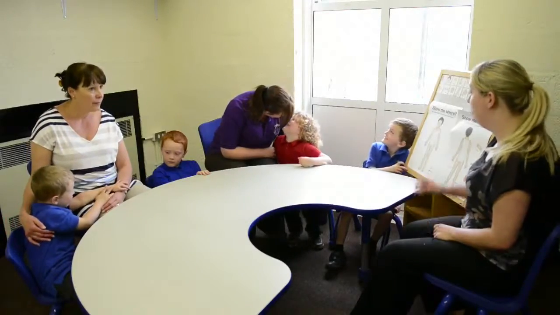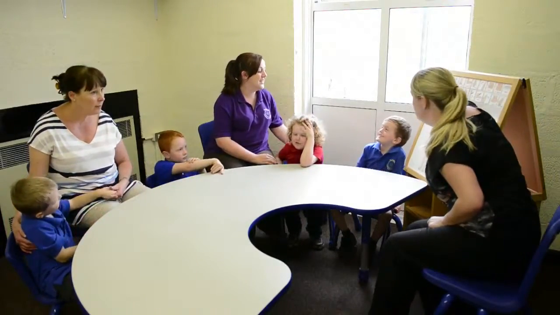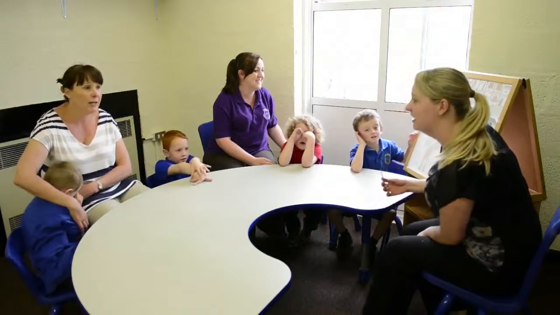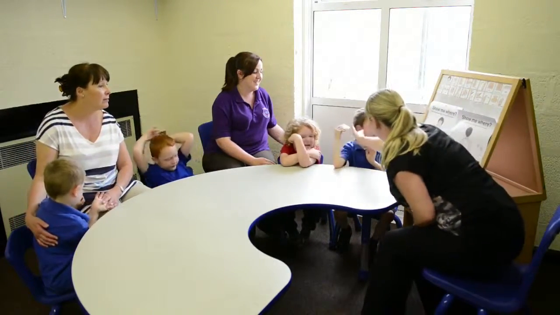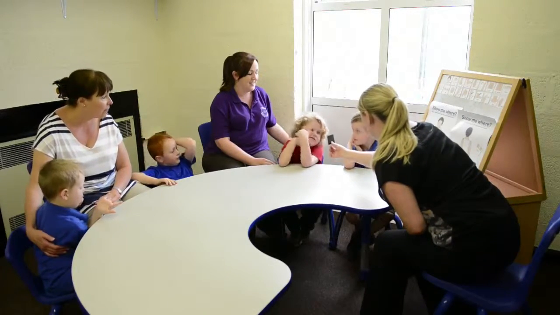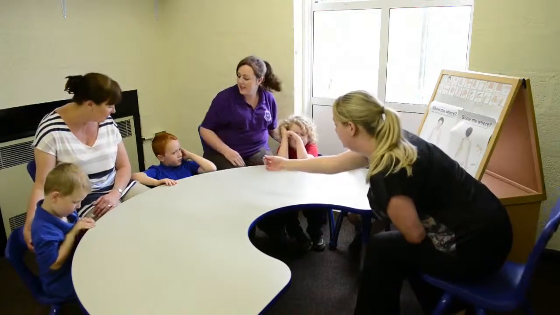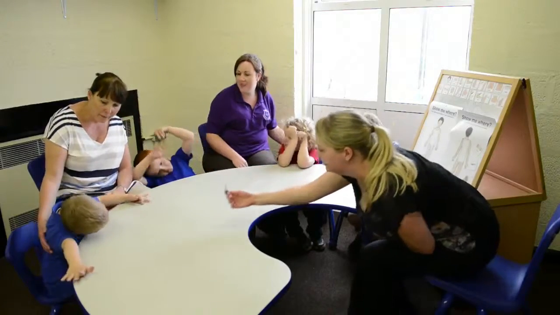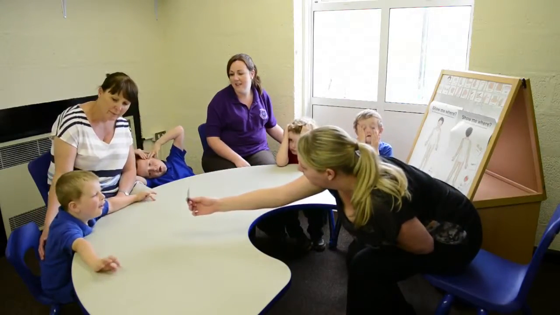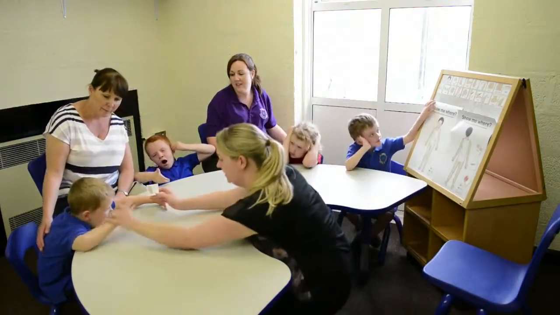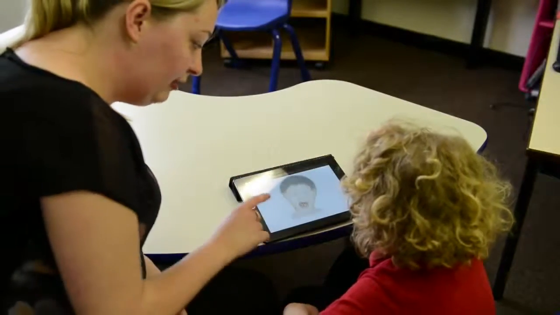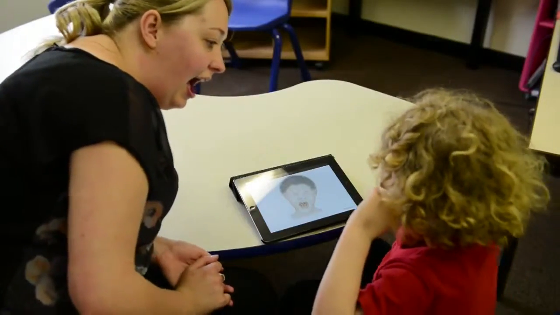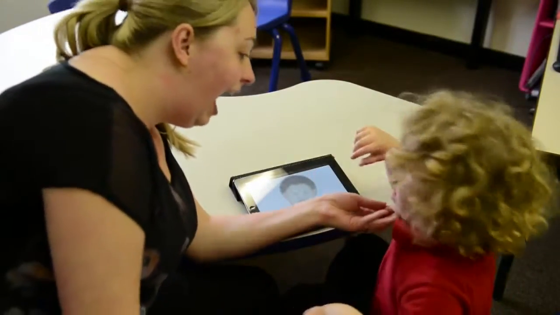It has 3 uses. The first use is to teach children their body parts, which fits within the PSE curriculum at school, and will teach children body parts in a non-threatening way. The next use is to teach children to show the part of their body where they're suffering pain or discomfort.